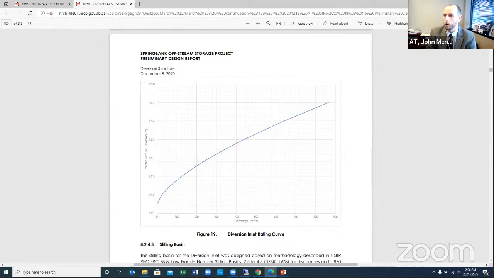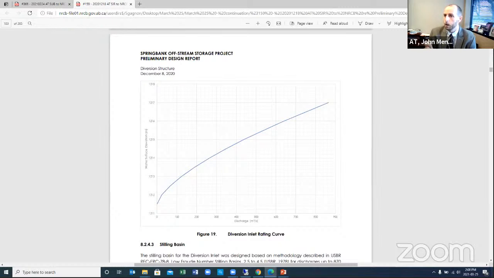Under the scenario of the flood of record, the June 2013, where we estimate that the discharge in the Elbow River was 1,240 cubic meters per second, our design approach would be to pass 640 cubic meters through the service spillway, which is in the river, and then 600 into the channel.